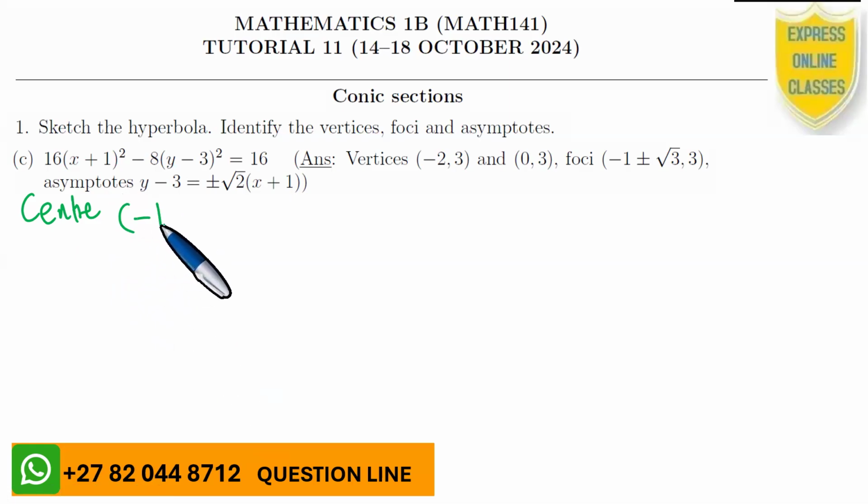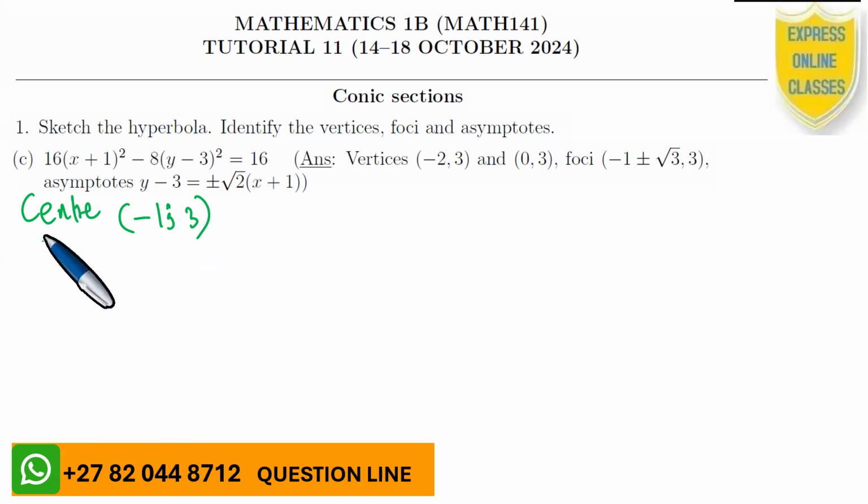So this would be -1 and 3, and this is the center. Right, so what do we do? We find the a and the b.